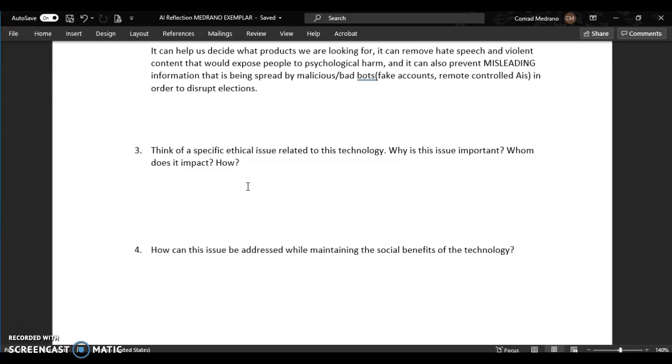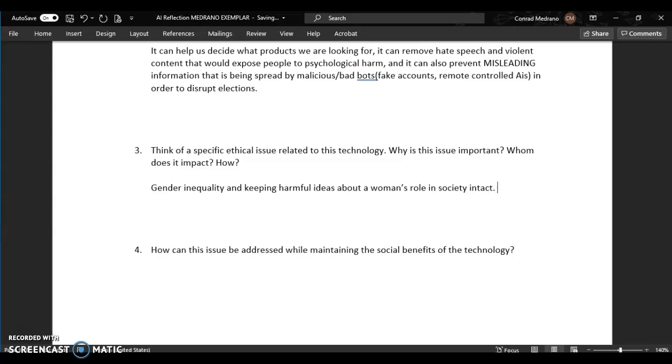So it's like, all right, here's an issue. Gender inequality and keeping harmful ideas about a woman's role in society intact. If it's like, why does it impact them?